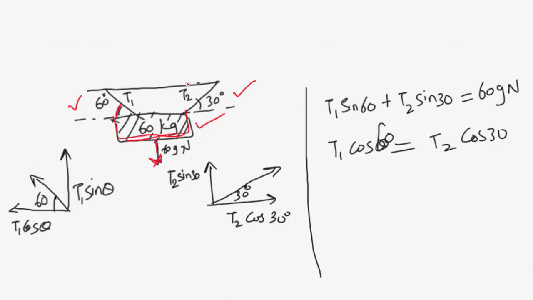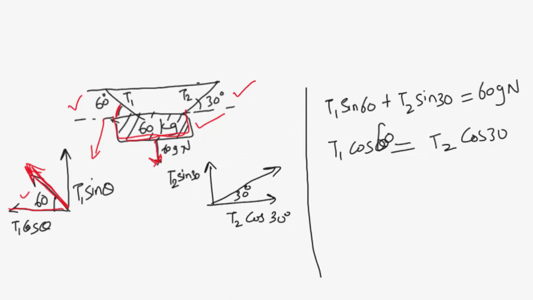Then we can do additions. If you consider this T1, we can split this resultant vector. Okay, so this is the resultant force in this direction. We split this into two components, one in the x direction, one in the y direction, and this angle is 60.